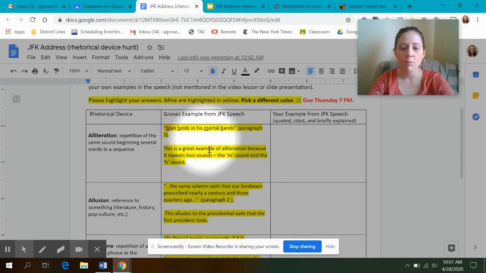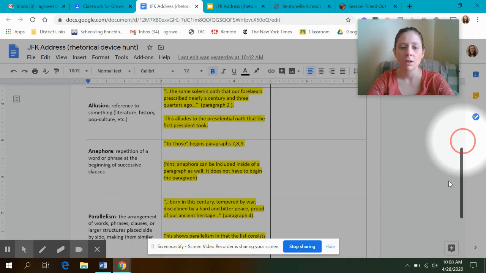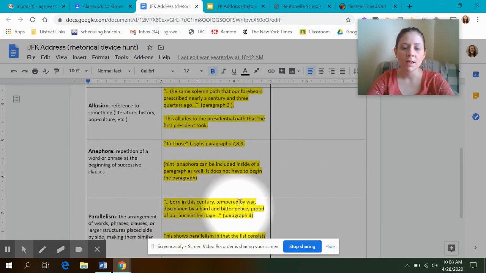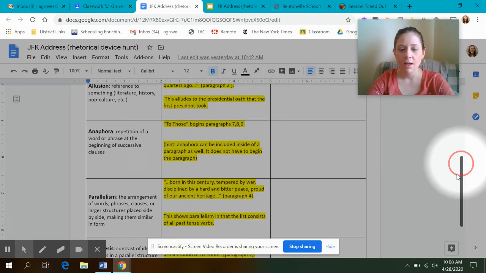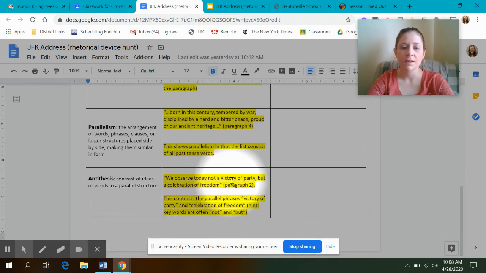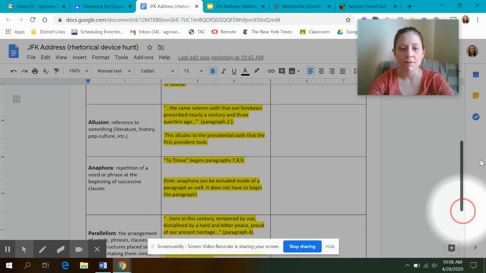"Man holds in his mortal hands." "Solemn oath that our forebears prescribed" was the allusion. Then the anaphora, the parallelism in these phrases, and finally the antithesis and why they are there celebrating. And I included a really quick sentence underneath each one that explained how it showed that device.